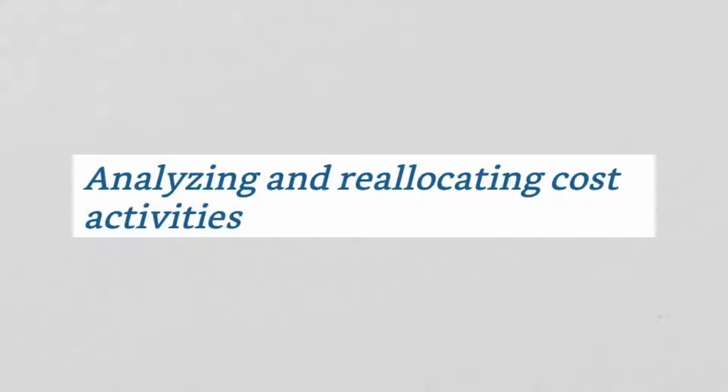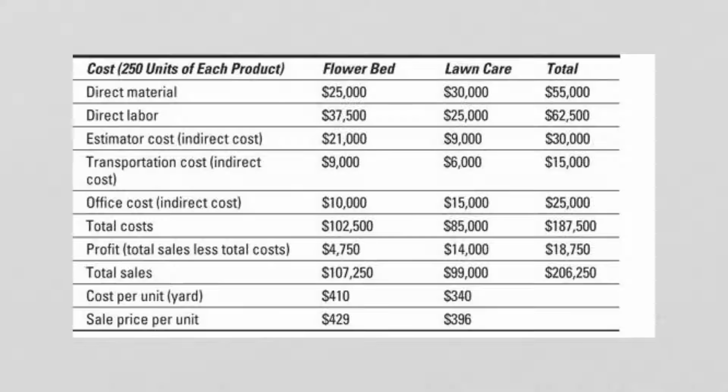Now let's reanalyze using pools that'll have cause and effect. There's a slide for you. And we come up with cost pools. We won't go through the details. We're just looking for the bird's eye view of what does it all mean. So look at this. We found that the estimator spends more time with the flower beds than the lawn care. The transportation, the same thing, more transportation costs.